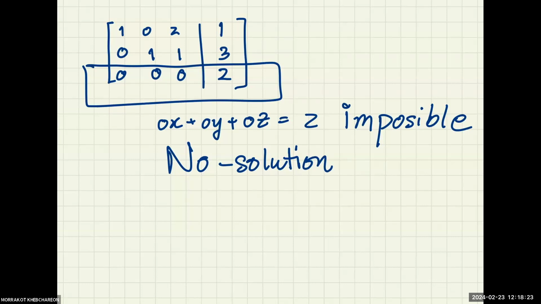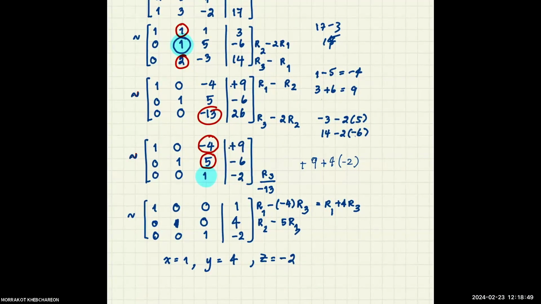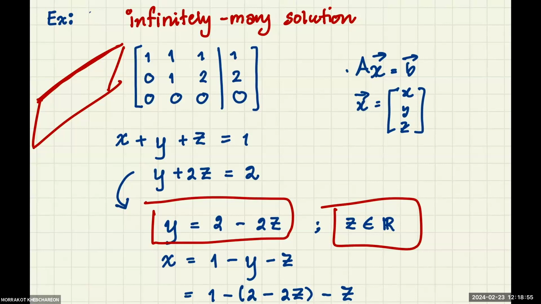Okay? So, these are the three types. We try to reduce the system of linear equations to reduced row echelon form. Once we reduce it, we can see if you have a unique solution, only one solution like this, or not. Or if you have more unknowns than equations, you may have infinitely many solutions, depending on the values you pick.